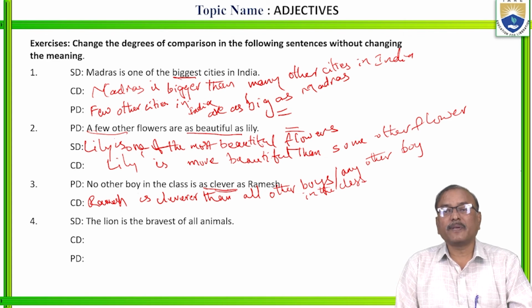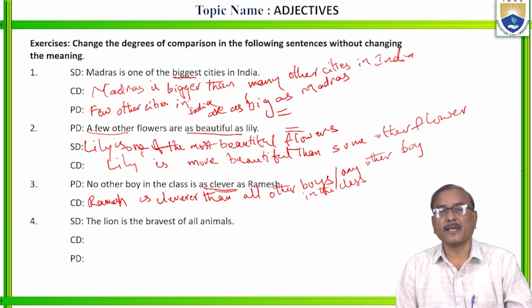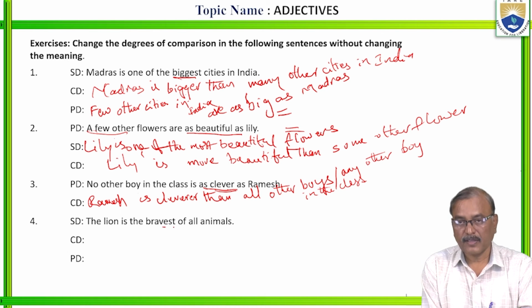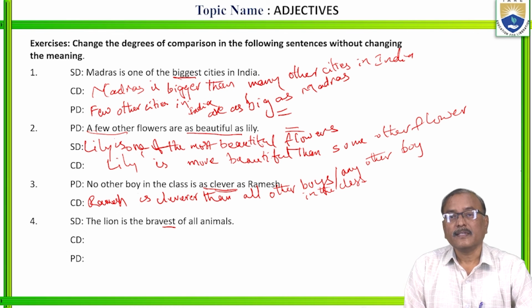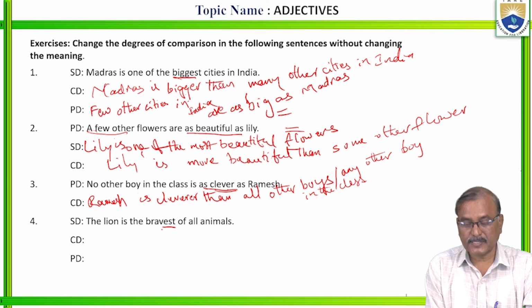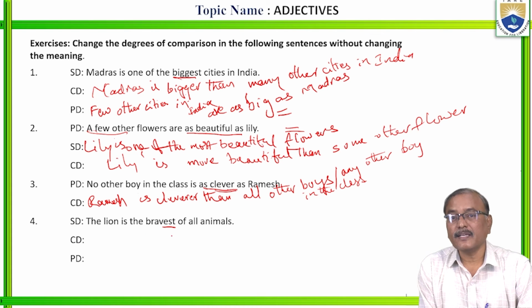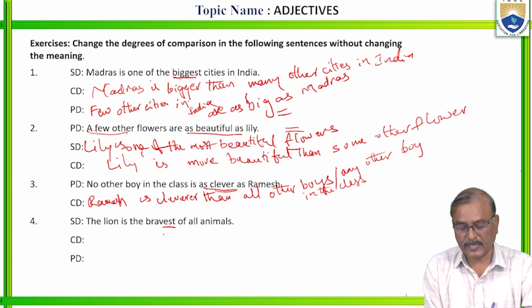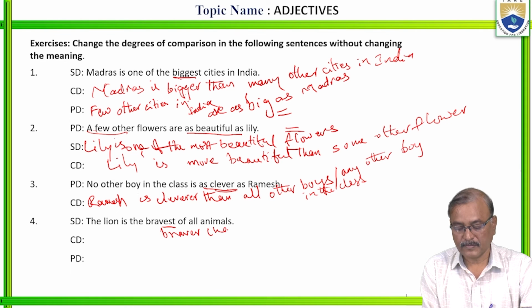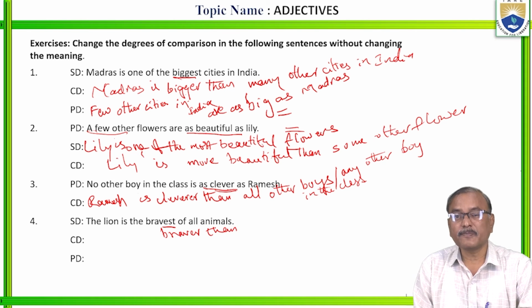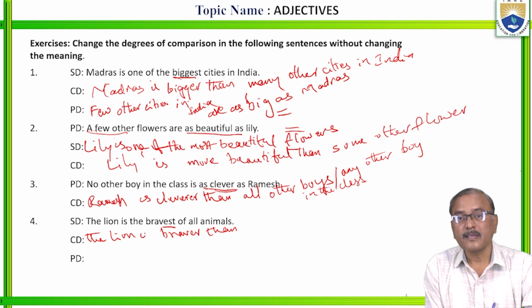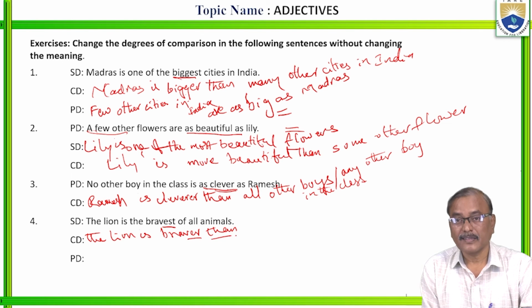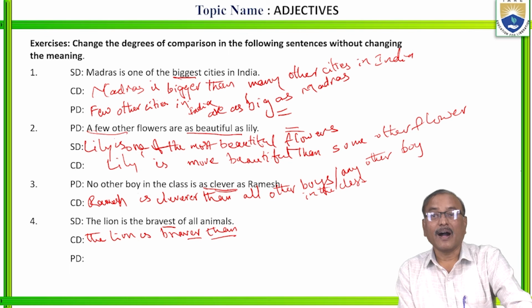Next, the lion is the bravest of all animals. Right? Here he is asking a comparative degree. Comparative degree means just you write here braver. Braver than. Which is braver? The lion. He is braver than all other animals.